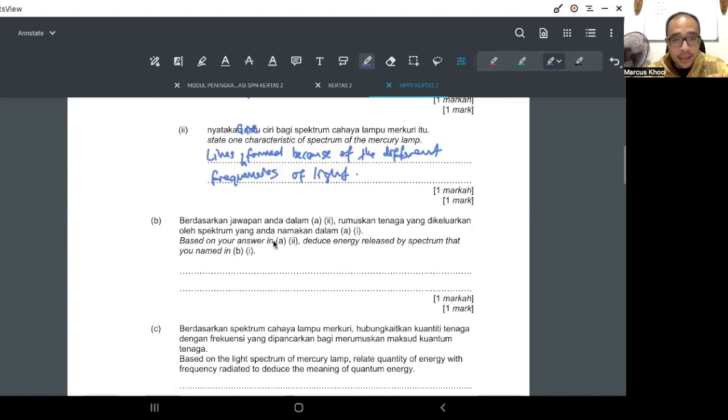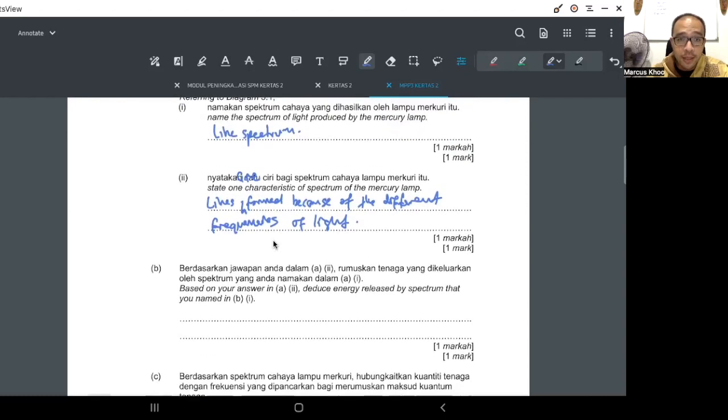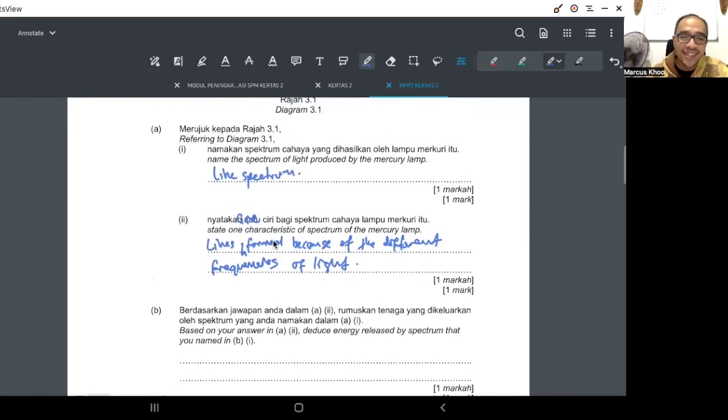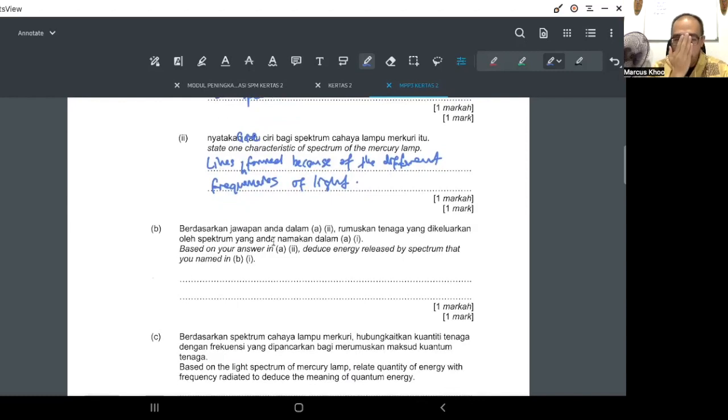Based on your answer in A2, deduce the energy released by the spectrum that you named in B1. Yeah, that's why I said this one is very strange. So the energy released is discrete.